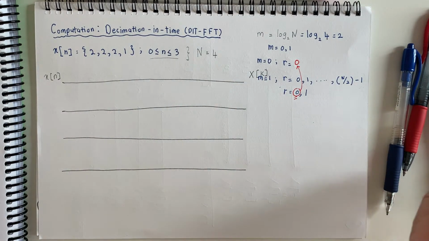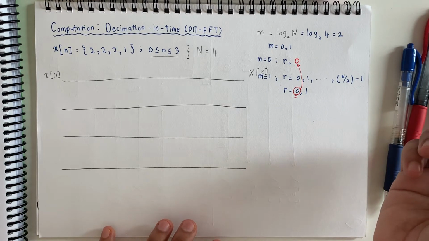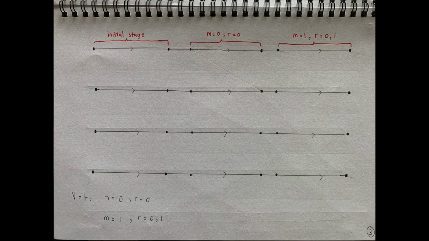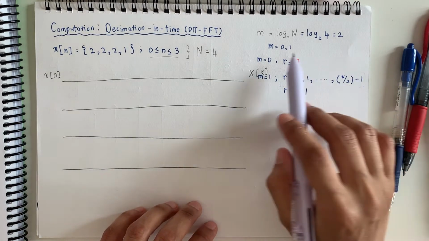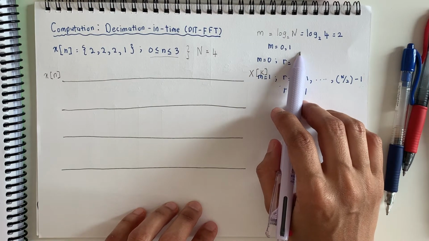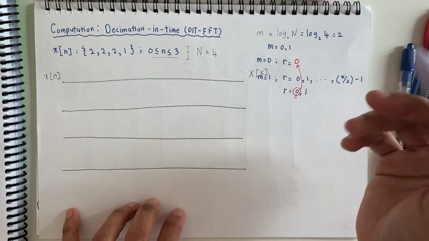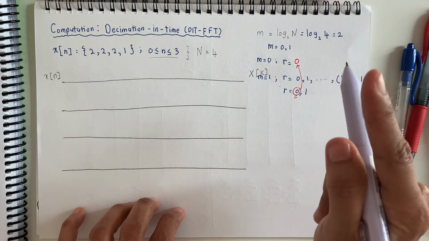If you still remember from my lecture, we have the initial stage, first stage, second stage, and so on. To know what your stage is depends on your M. For DIT FFT, the structure must start from many lines to one group.